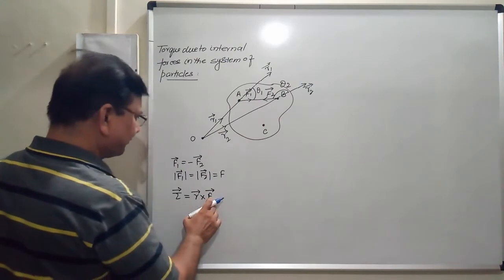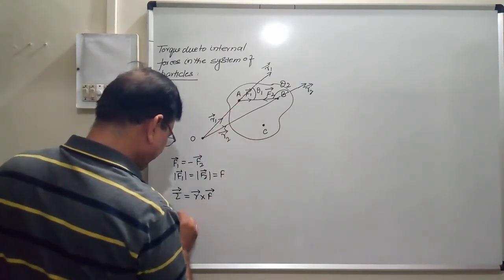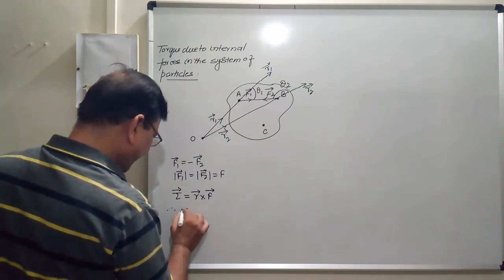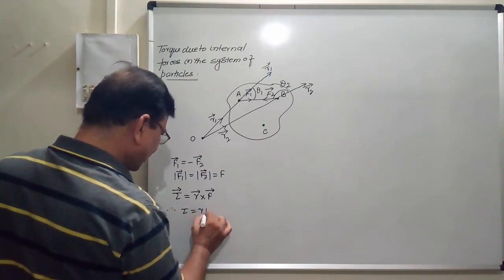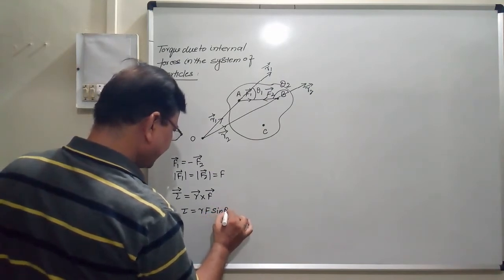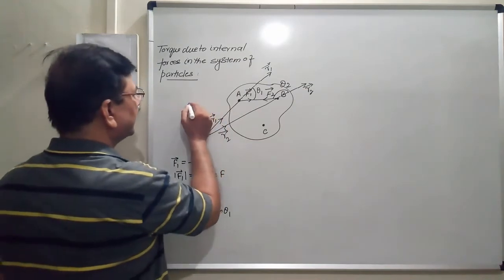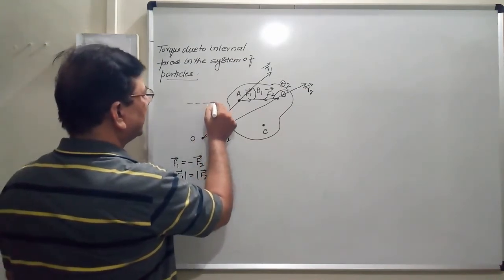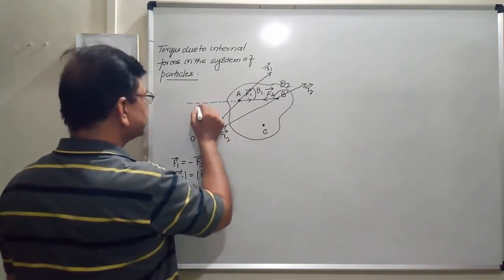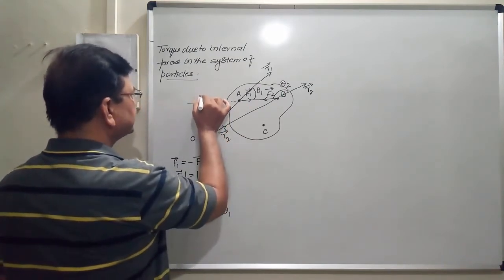So R cross F can be written as, therefore magnitude of this torque is R F sine theta 1. Right? I will extend this and draw a perpendicular from this point, and this is N.